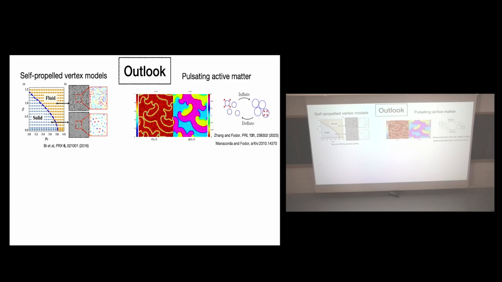Another thing that I find interesting, and it's also my research work in the last years, is pulsating active matter, which is what happens when you don't inject energy, you don't define activity as a self-propulsion, but you define activity as the capability of a particle to change its shape, and we'll speak about that if we have time.